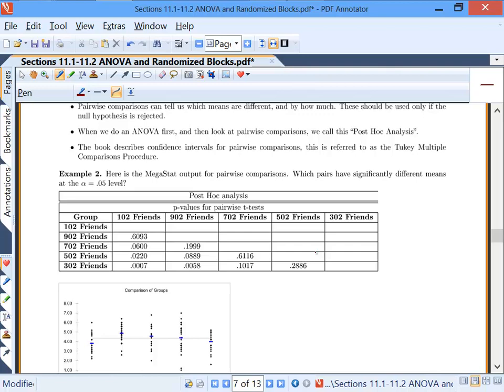The ones with the small p-value. So which ones have small p-values, less than 0.05? This one, this one, and that one. That's all of them that have p-values less than 0.05. So we could say the mean for 102 is statistically significantly not equal to the mean for 502, and the mean for 102 is significantly not equal to the mean for 302.